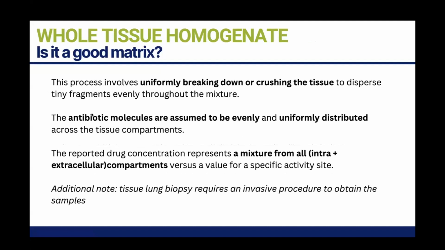So if you report antibiotic concentrations in this way, you will have the concentration of both intracellular and extracellular compartments. Therefore, if your aim is to look at intracellular or extracellular concentration of antibiotic, you will overestimate the concentration of the antibiotic using this matrix.